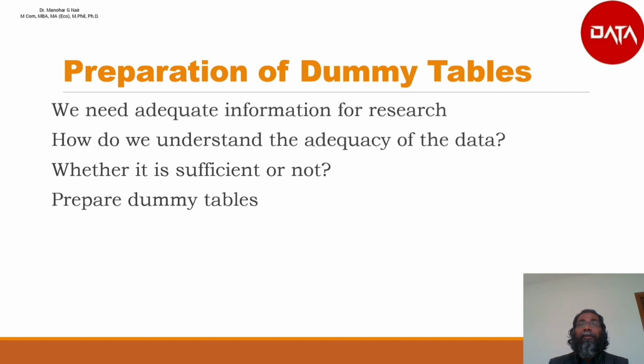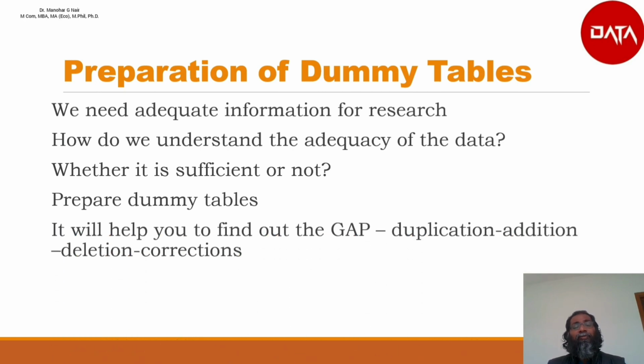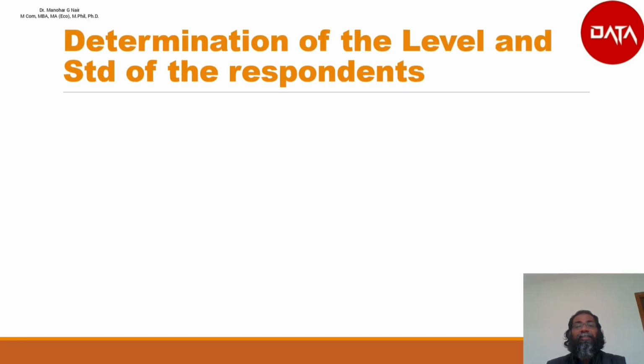The answer for all these questions is to prepare dummy tables, so that we would understand how many tables we are going to generate out of the data that we are going to collect. Similarly, it will help us to find out duplication in questions, or additions to be made if we missed something, or deletions if there is repetition, or we can go for corrections.